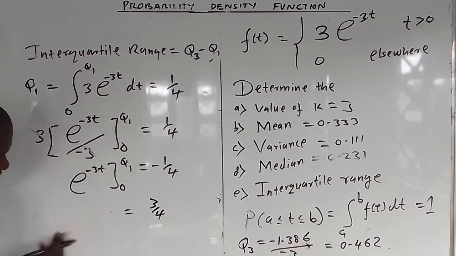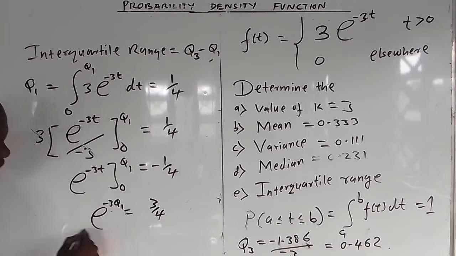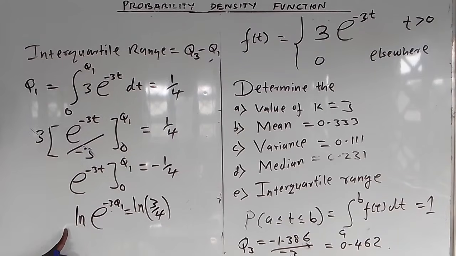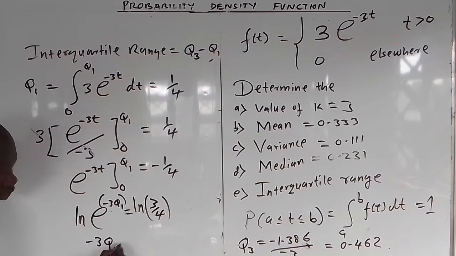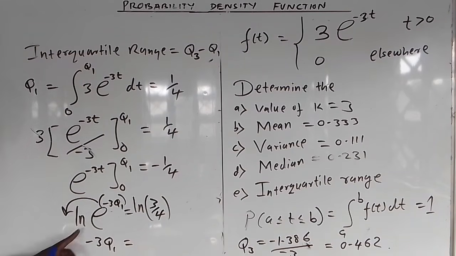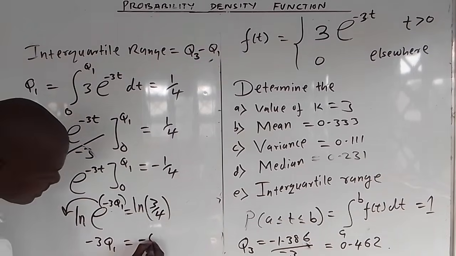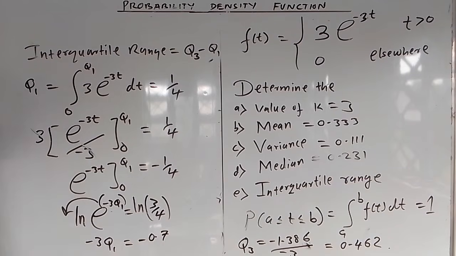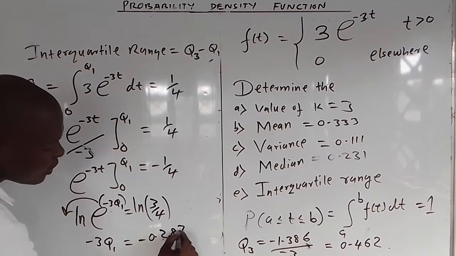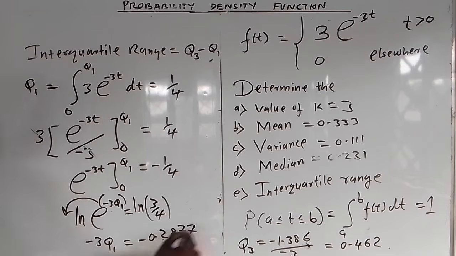So you introduce ln on both sides, isn't it? On this side we have exponential negative 3q1. If you introduce ln on both sides, the power becomes the coefficient. ln of e is 1, isn't it? So here we get negative 3q1 equal to ln of 3 over 4, which is negative 0.28768.